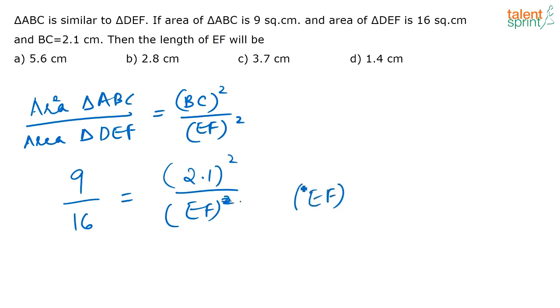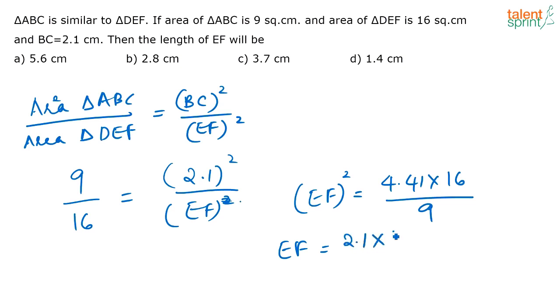So what can you say? You can say EF squared is equal to 4.41 into 16 by 9, correct? Or I can say EF, you can just take the root of all of these. So directly you can say EF is equal to 2.1 into 4 by 3. 2.1 by 3 is 0.7, 0.7 into 4 is 2.8, option B.